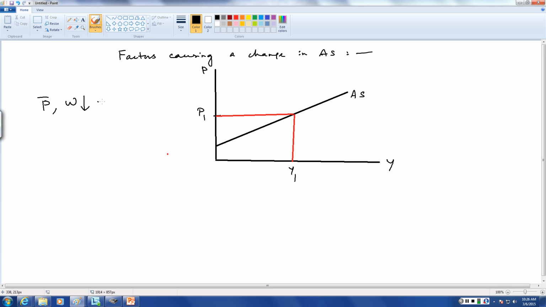What is going to be the implication of this for the real wage, which is W by P? W falling, P constant. So P is constant, but W is falling.